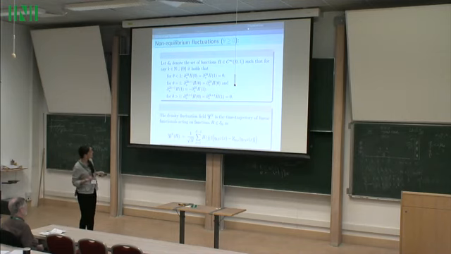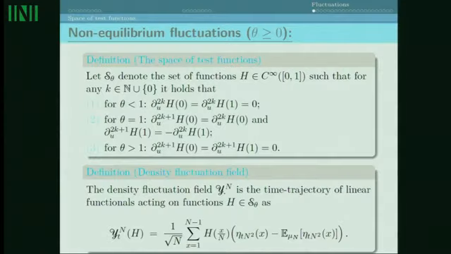For theta equal to 1, all the derivatives at 0 and at 1, sorry, there is a mistake. No, there is no mistake. Okay, you see what is written. It's better if I don't say anything. Anyway, this condition has to be satisfied.